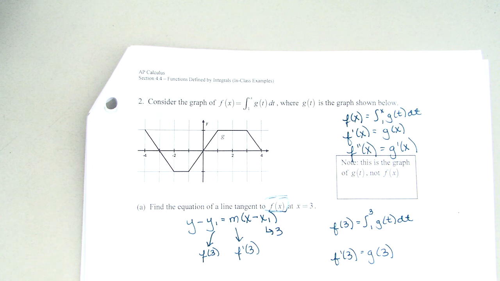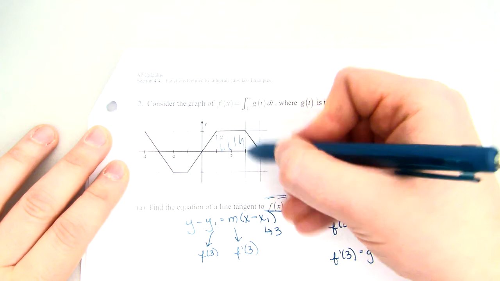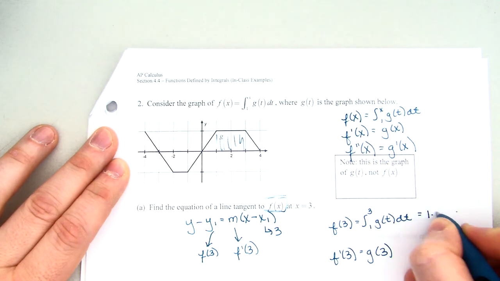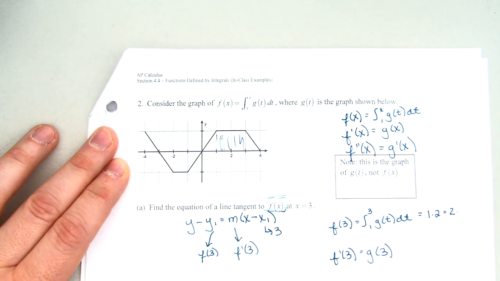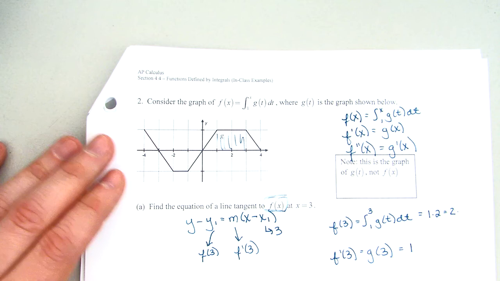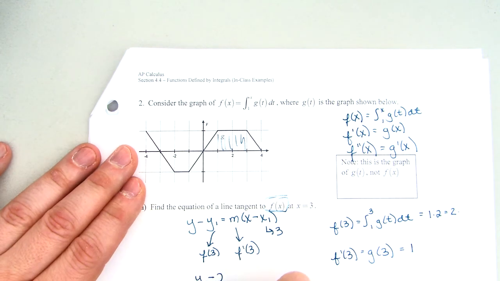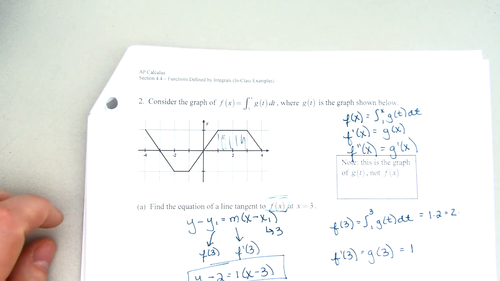I'm going from 1 to 3, not 0 to 3. So as we go from 1 to 3, I'm thinking 1 times 2, which is 2. What is f prime of 3? Which is g of 3, which is 1, because you're looking at the y value on that graph. So y minus 2 equals x minus 3. That would be the tangent line to that function f of x that I don't exactly know what it looks like, but I know it's defined as this accumulated signed area under that thing.